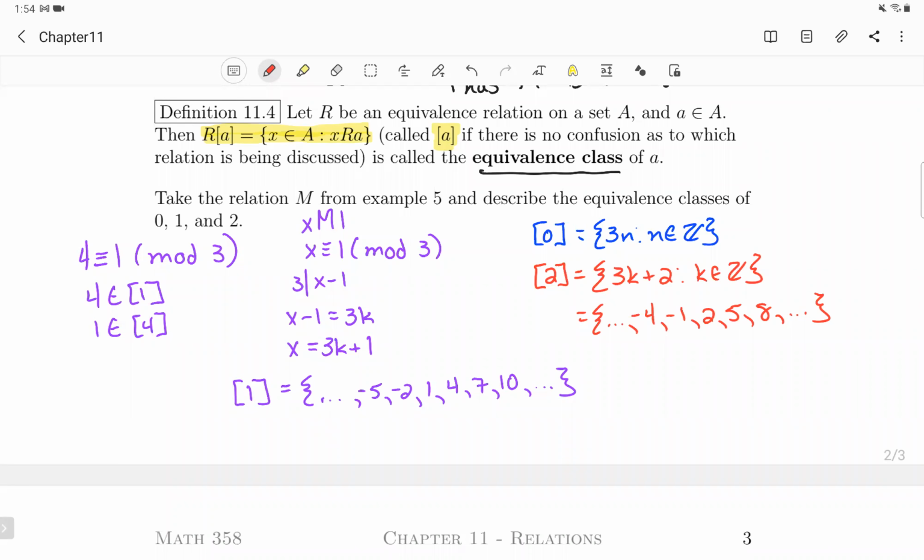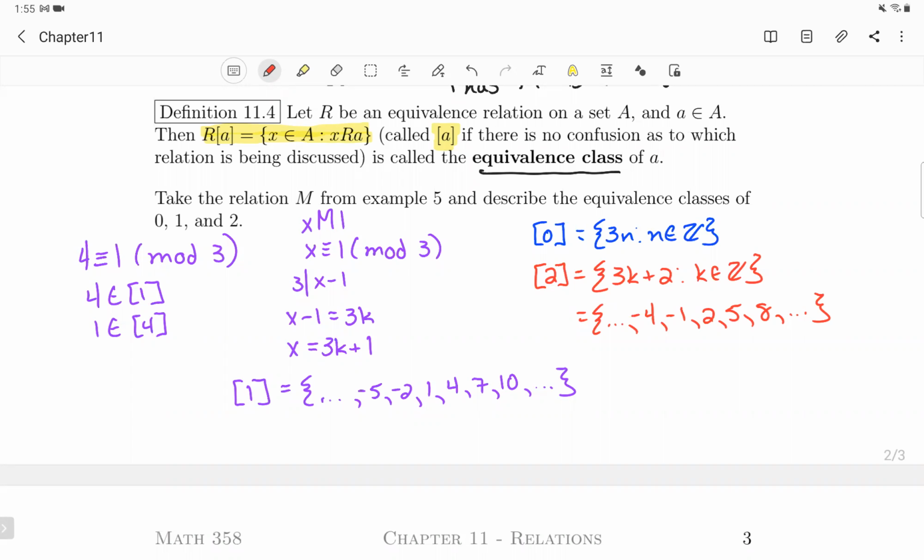All right. So this is kind of interesting here. Pick any integer you pick, it's actually going to be in one of these equivalence classes. So if you say, well, what about 27? I'm going to say that's a multiple of 3.